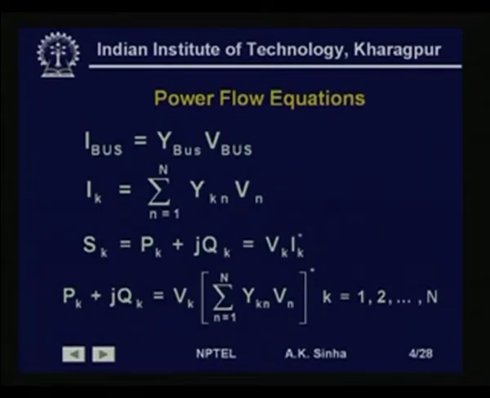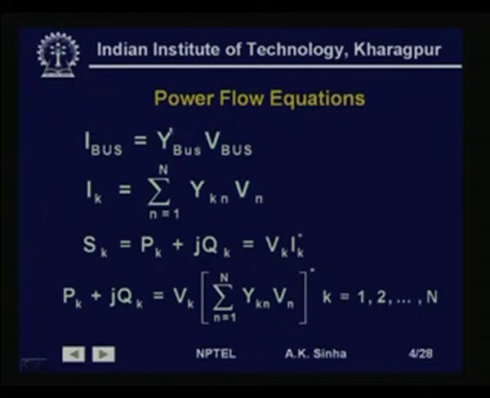If you remember, in the last class we talked about the power flow problem, where we showed that the power flow equations come from the network equation of the system, that is I bus is equal to Y bus into V bus, where I bus is an n×1 vector of the current injections into the bus bars of the power network.